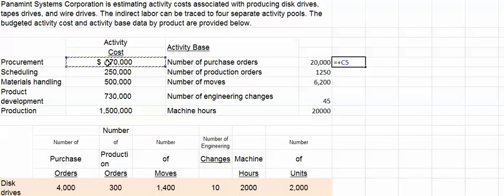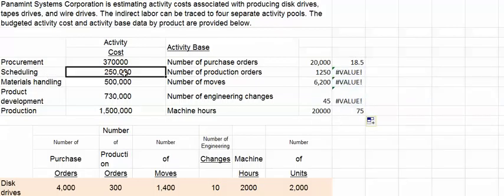I'm going to take the 370 and divide that by the 20,000. Again, a formatting issue. And that's 18.5. I'll continue that same calculation all the way down for each one of these.